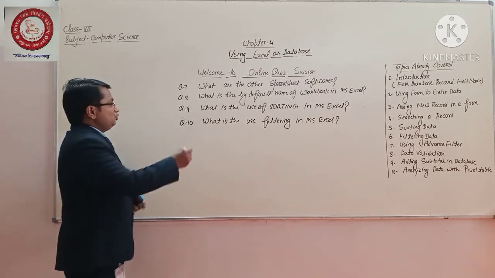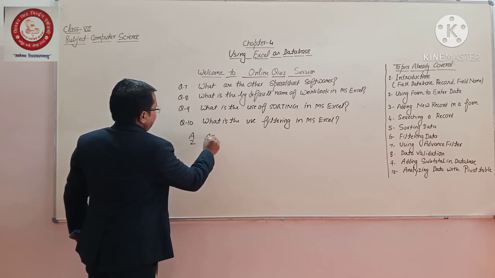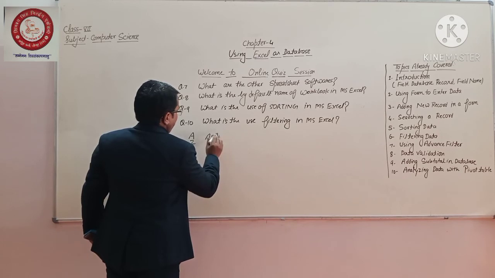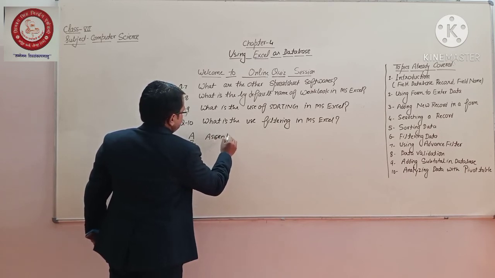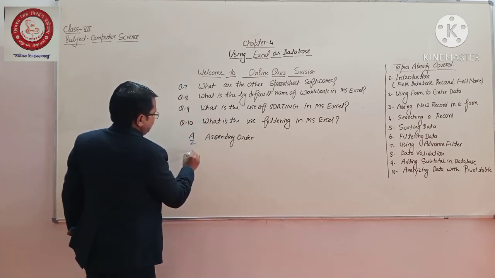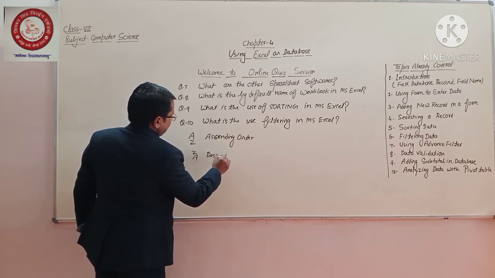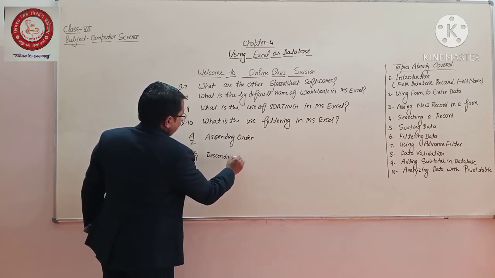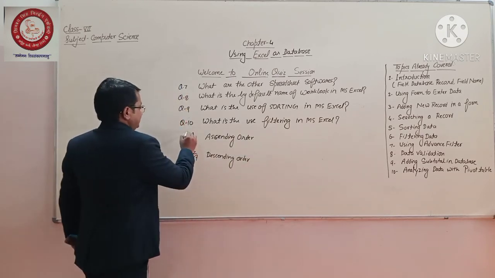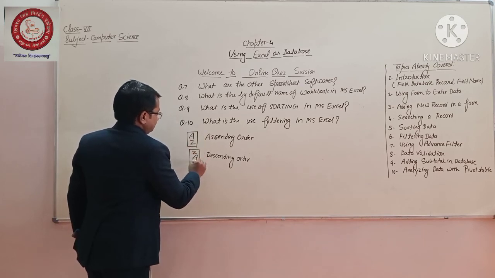You can do this by using these icons. This is for ascending order, and ZA is for descending order. By using these two icons, you can use the ascending and descending feature. So this is for sorting.